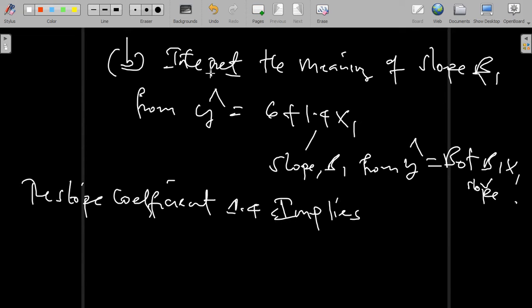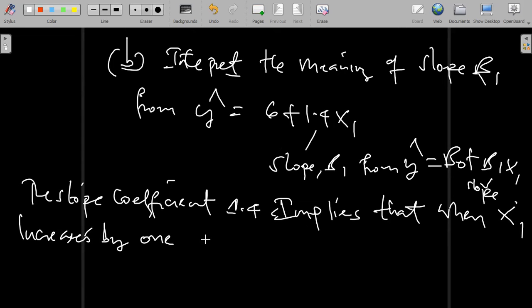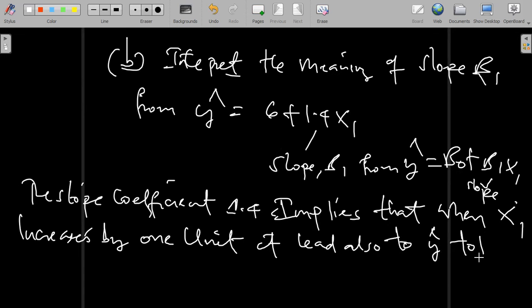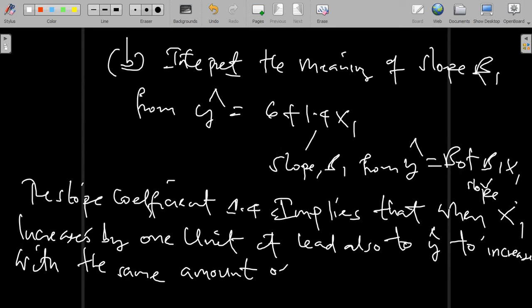The slope coefficient 1.4 implies that an increase of 1 unit in x1, the independent variable, leads to an increase in y estimated, the dependent variable, by 1.4 units.